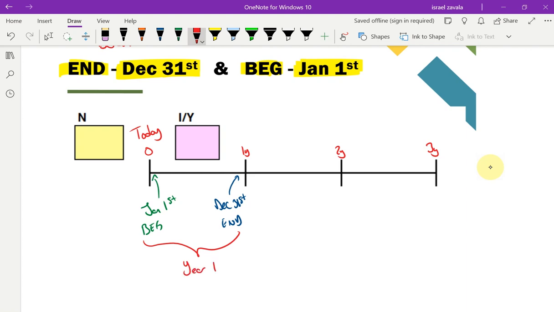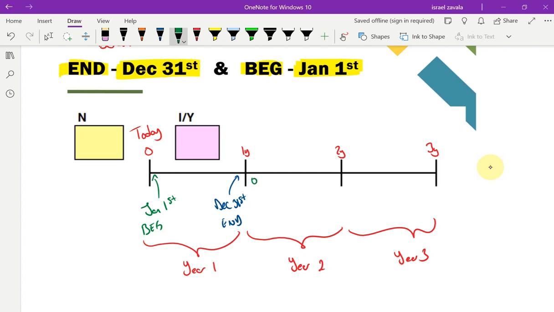Now, we have the exact same situation the next year, right? We have a beginning and an end for year 2, and we have a beginning and an end for year 3, right?